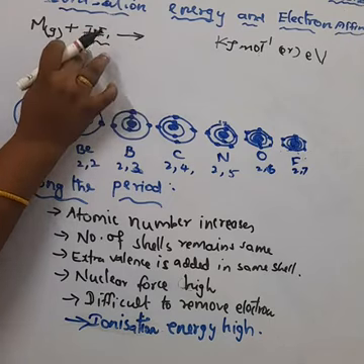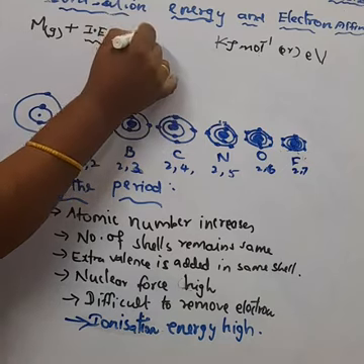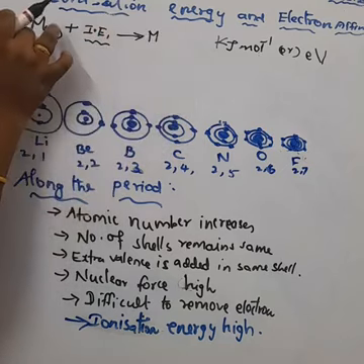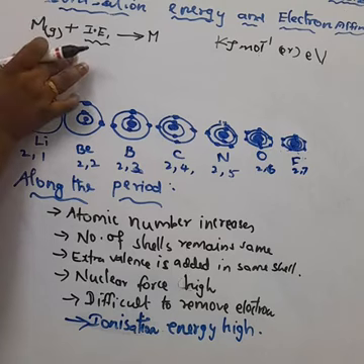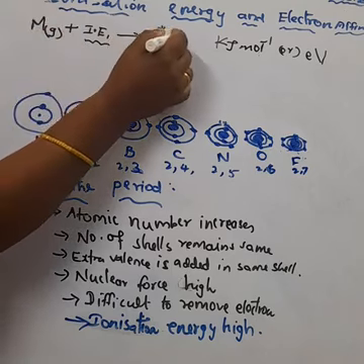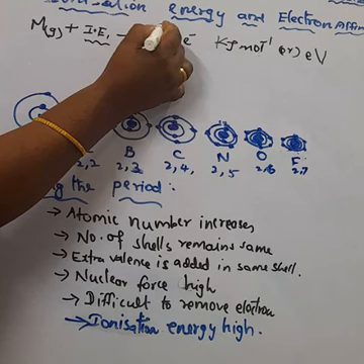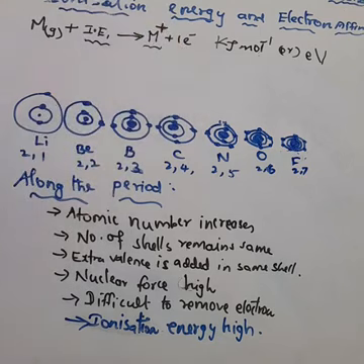When this atom receives this energy, it removes the electron from its outermost shell. So this atom becomes a cation, M plus, in the gaseous state, and we get one electron.